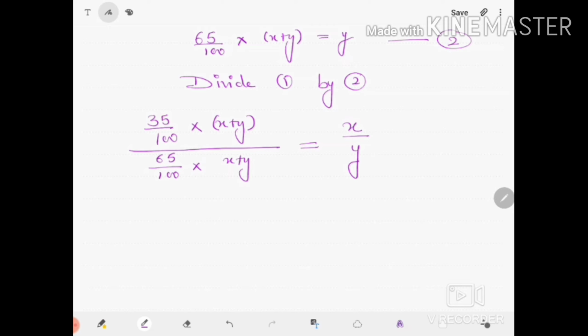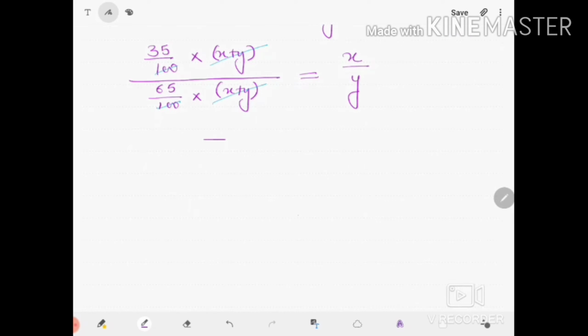So cancel whatever is getting cancelled. Now this can be written as 35 upon 65 equals X upon Y. Also, after cancelling, we have 7 upon 13 equals X upon Y.